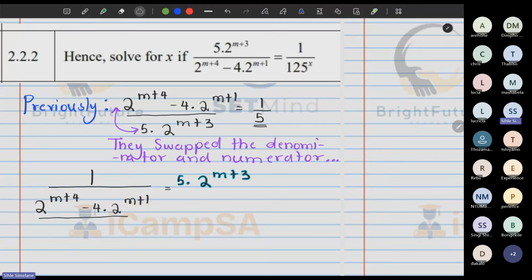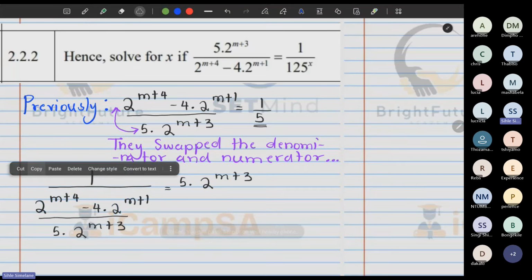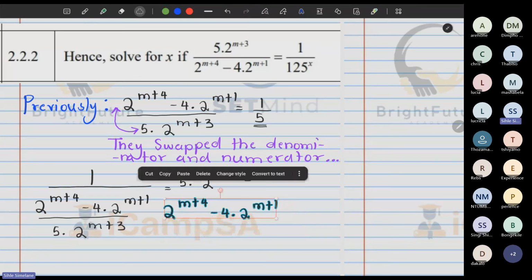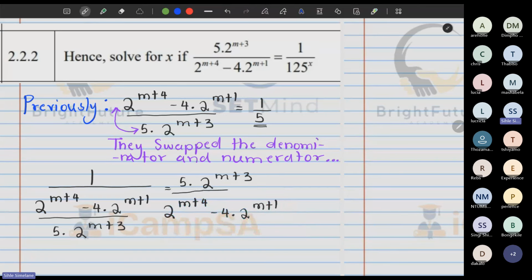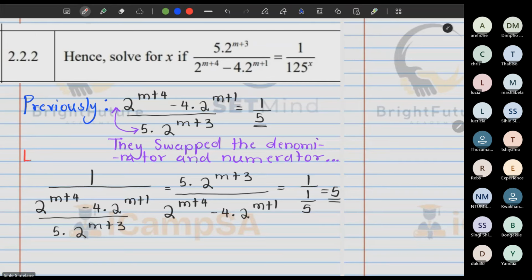That is what you were supposed to see, guys: that what they have here is 1 over what we found. So this left-hand side of theirs is simply 1 over 1 over 5, which gives us an answer of 5.